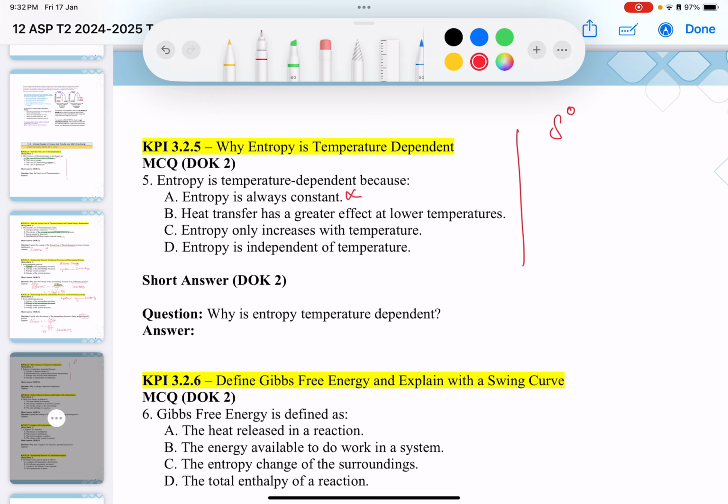There are other factors that can increase entropy, like molecule complexity and dissolving. So this is a very confusing answer. This one, see, heat transfer has a great effect at lower temperatures.